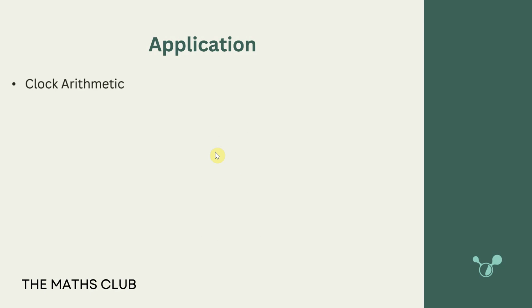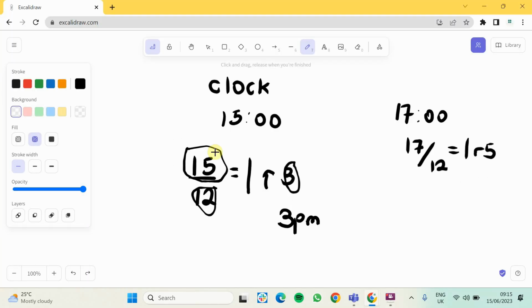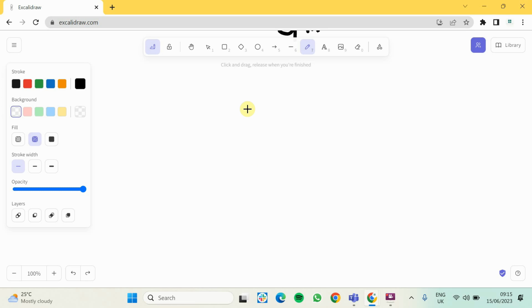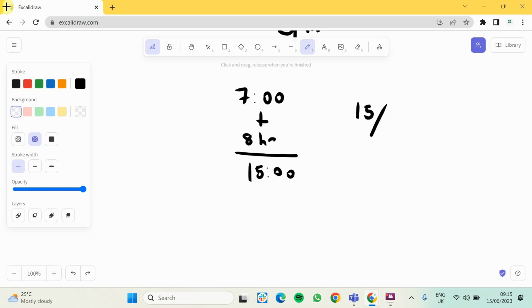We know that the time we are in now is 7 a.m. If I add 8 hours to this 7 a.m., that would give me 1500, and the clock has a modulus of 12. I can just say 15 divided by 12, and that will be 1 with a remainder of 3.